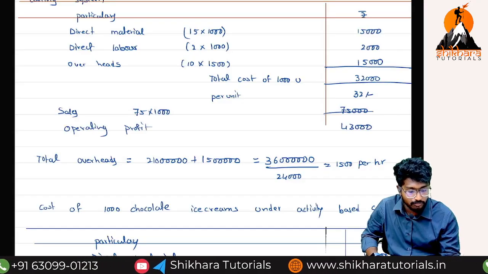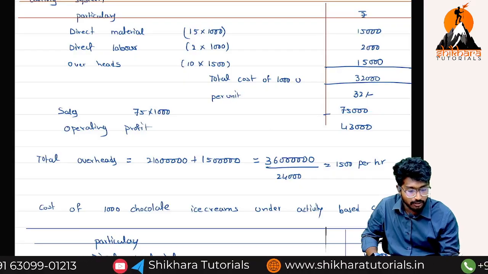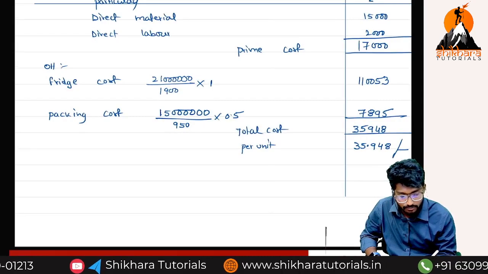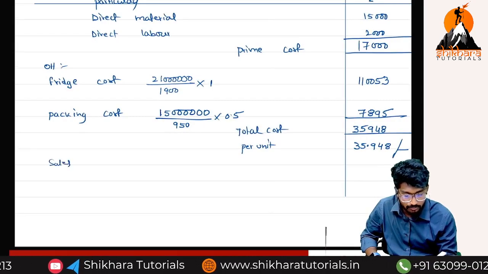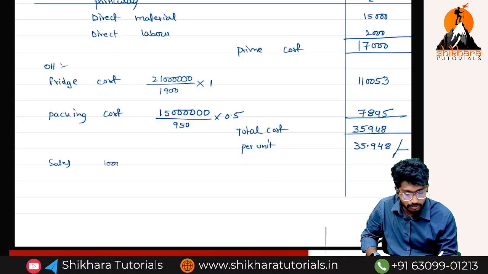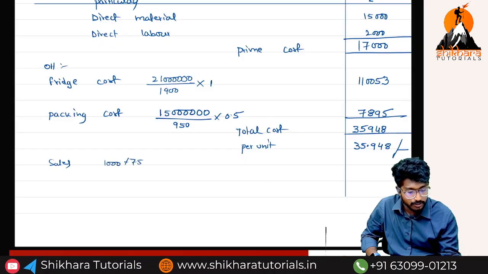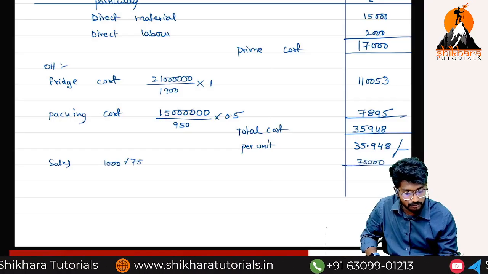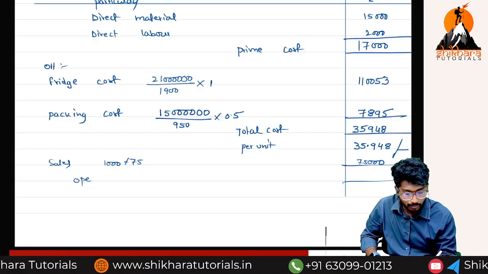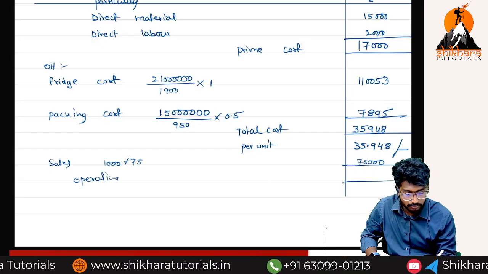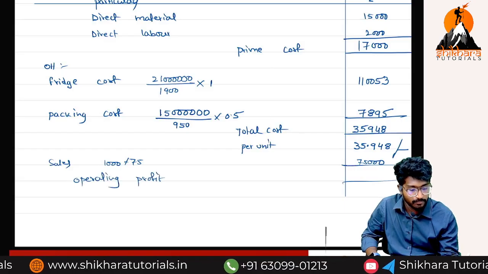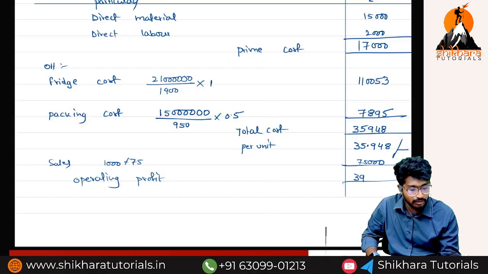This is under which costing? Traditional costing. Here also sales is the same: 1000 into 75, 75,000. Next, operating profit is equal to how much? 39,000.